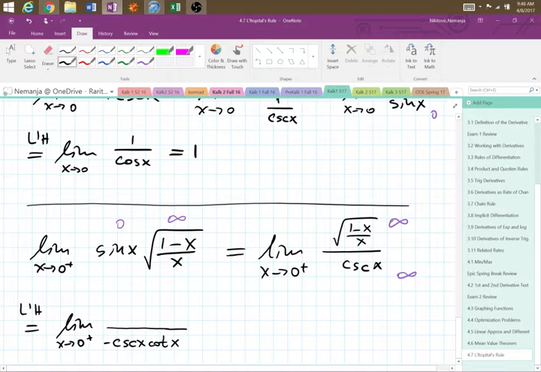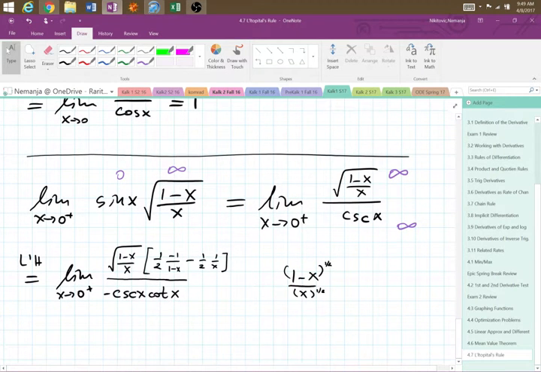So the derivative on top, 1 minus x over x, that's a half, and that's the half. So minus x over x times 1/2 of negative 1 over 1 minus x minus 1/2 1 over x.